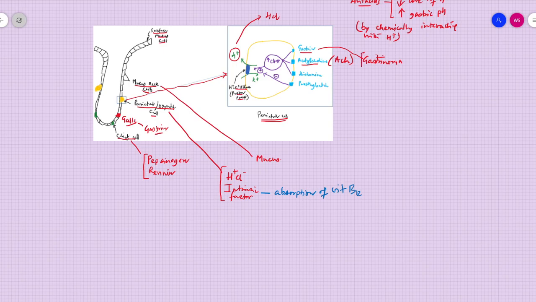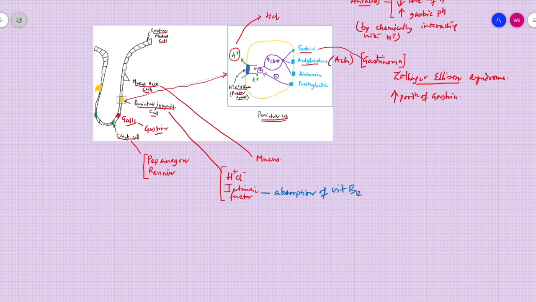In a gastrinoma there are a large number of G cells, and this is called Zollinger-Ellison syndrome. Essentially, ZE syndrome is a gastrinoma, meaning there is increased production of gastrin.